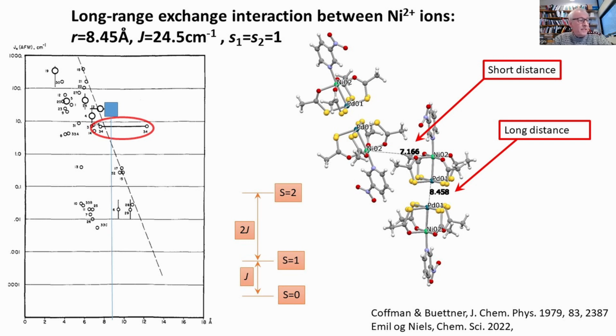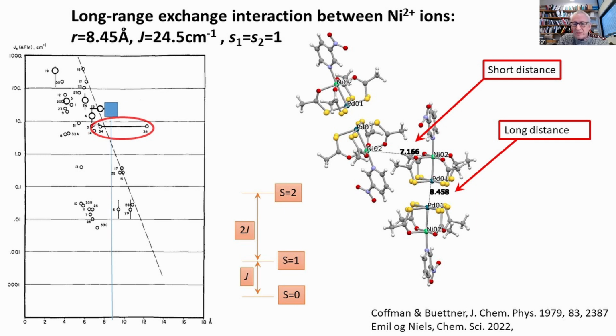Now to something completely different. Emil and Nils, PhD students here, have been busy with synthesizing and characterizing dimers of this type. They are dimers in the sense that there are two nickel ions, and nickel ions here are the paramagnetic ones.